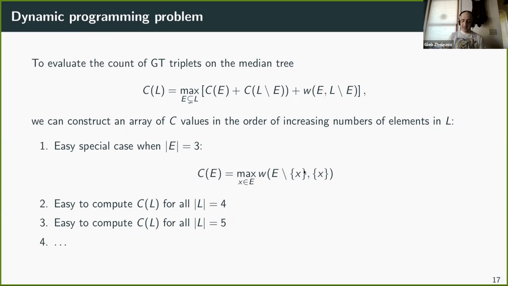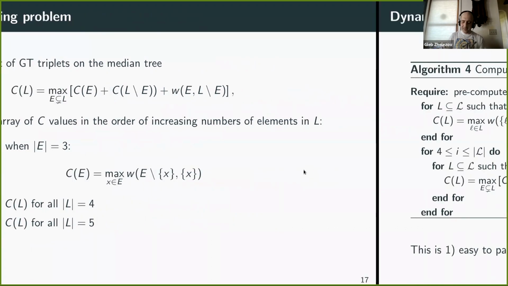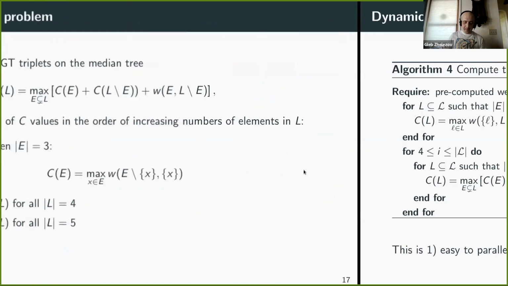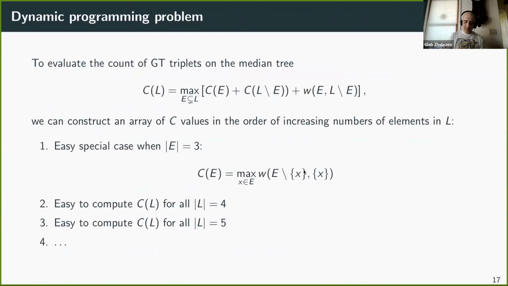And this is a very simple thing to implement. And one thing that's very nice about it is that it is super easy to parallelize. You really just have to sync up the C array just once every time you increase the cardinality of your set by 1.